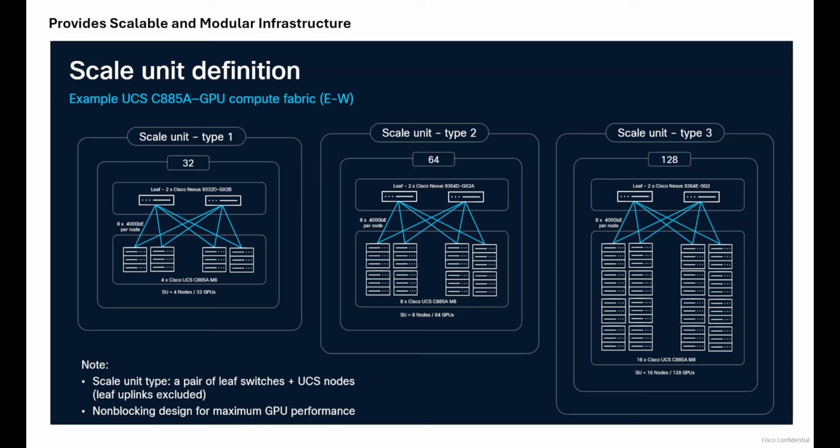Again, we're just showing C series servers in this slide just for example purposes, with both Intel and AMD processors and expanded GPU support, such as NVIDIA H200, the AMD MI300X, and more recently, the B300. And then the networking part is powered by Nexus 9000 series switches with options for high port density and smart switching.